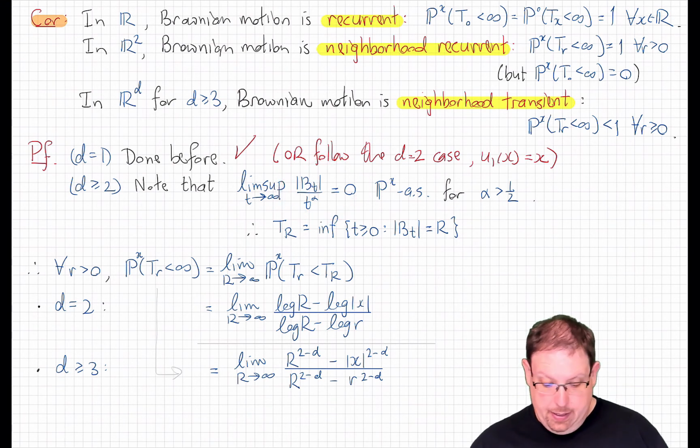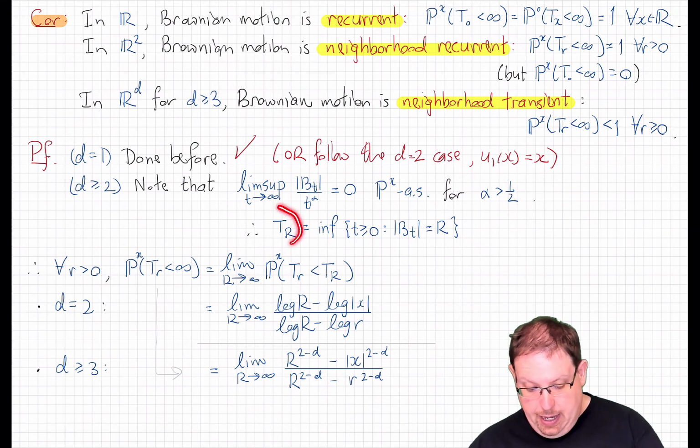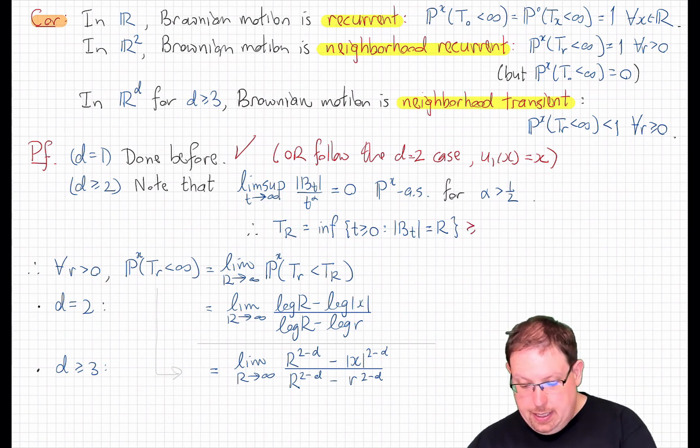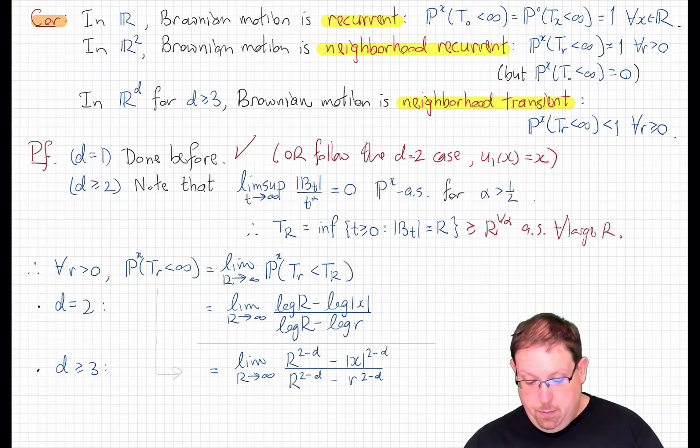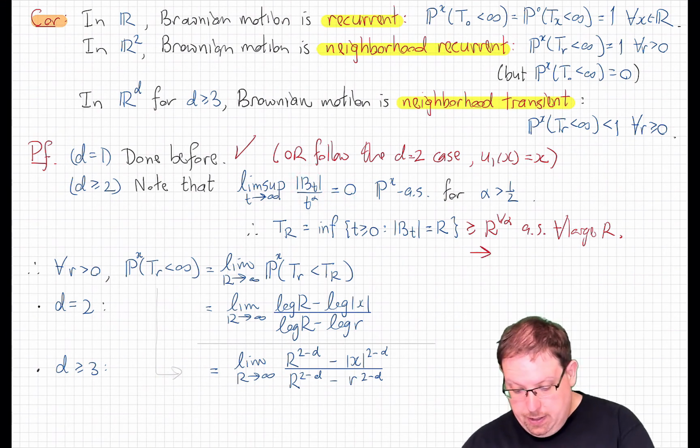So what that means is that the exit time from the sphere of radius r is at least r to the 1 over alpha for all large enough r. If the modulus of B_t reached r at an earlier time, then this ratio would not go to 0. But of course, that goes to infinity as r goes to infinity.